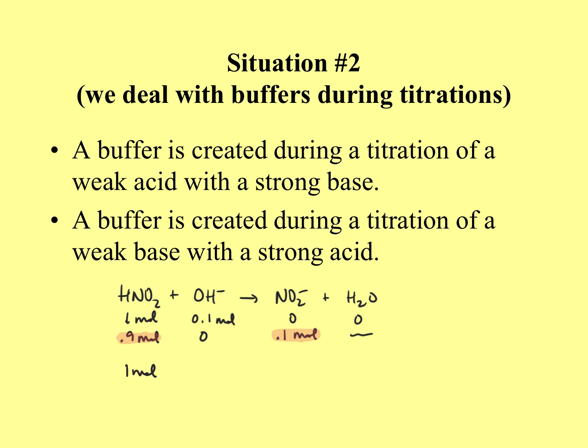Let's say you have 1 mole of this, and you add 1 mole of OH minus, and then you get to the equivalence point. You have 0 moles of this, 0 moles of that, and 1 mole of the NO2 minus. Since you only have NO2 minus present, only conjugate base present, that is not a buffer. So a buffer only exists at a certain point along the titration.